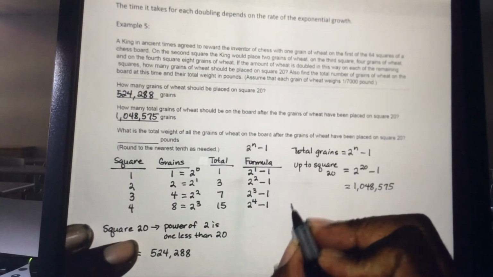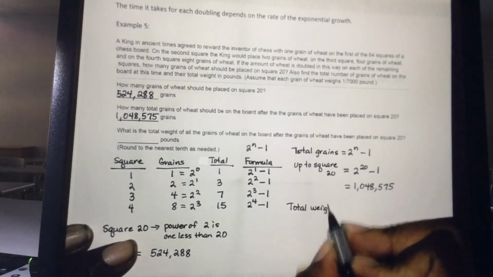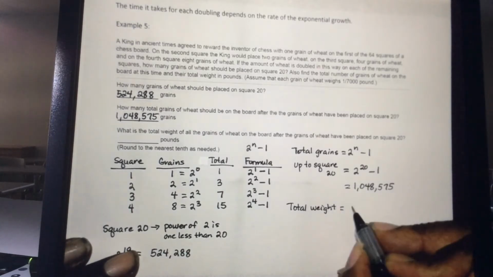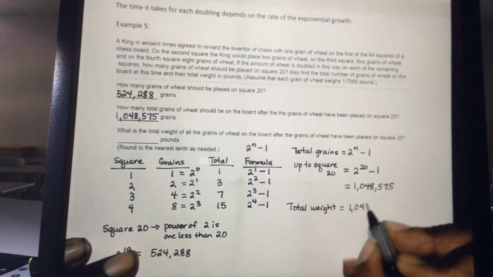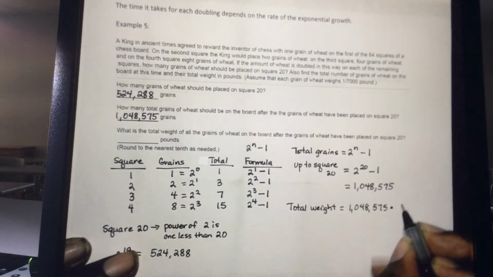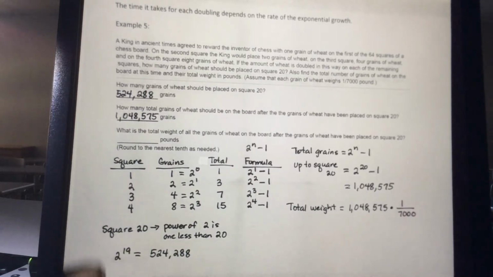So the total weight will be the 1,048,575 grains multiplied by 1/7,000, because that's 1 grain of wheat weighing 1/7,000 of a pound.